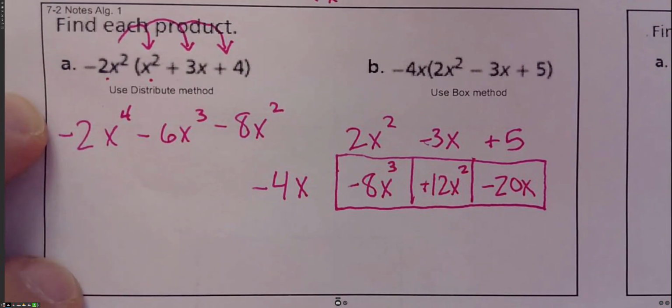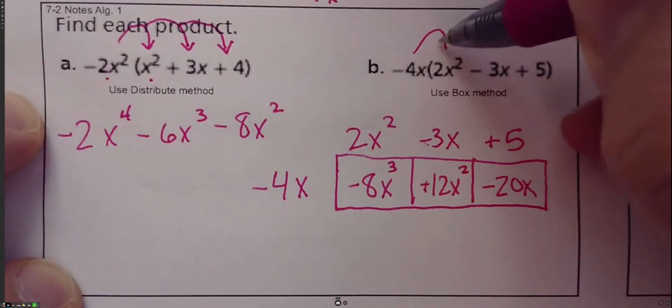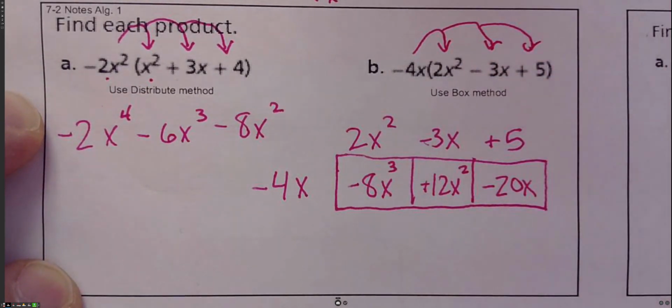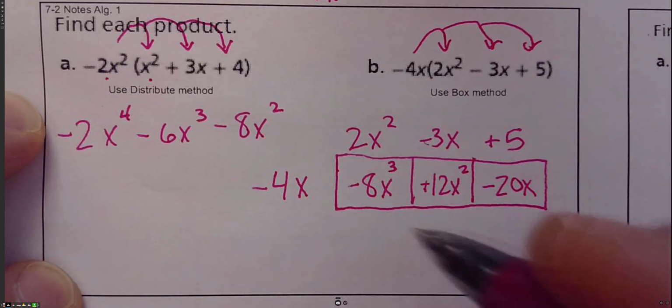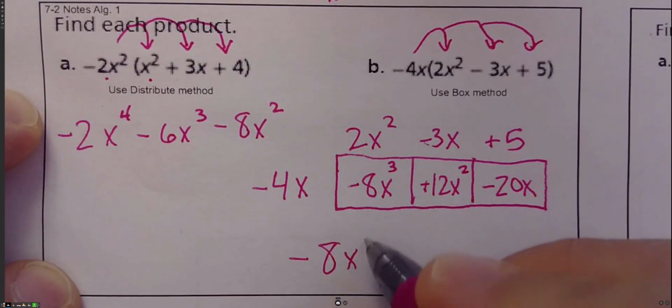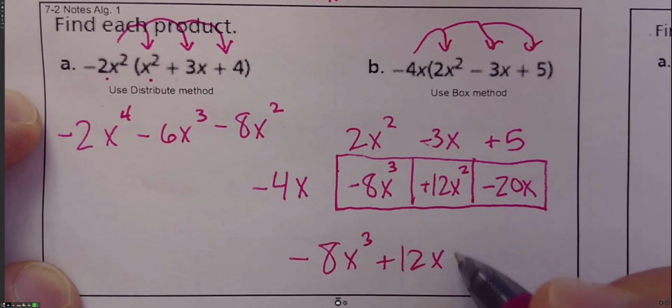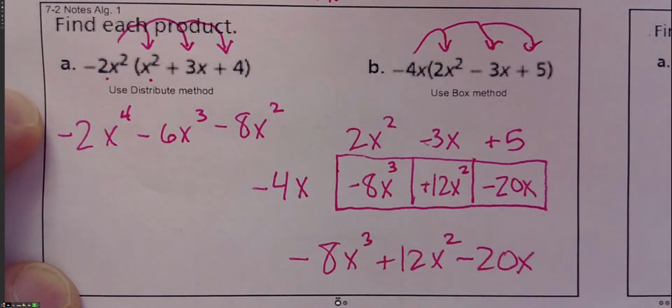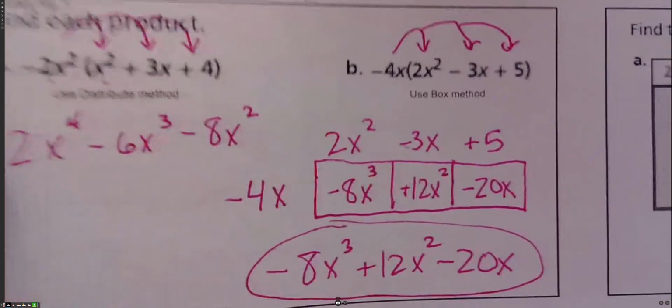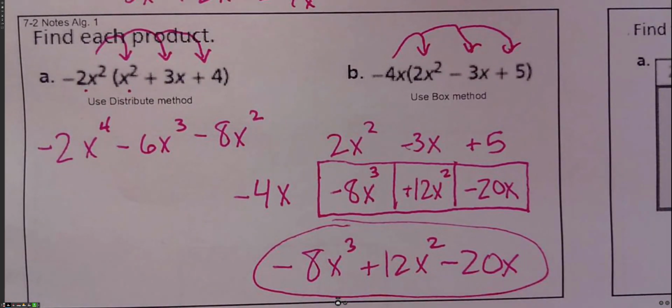You could do this exactly the same way with just doing the regular, not box method, but we need to learn the box method, and the box method is going to help you in the future. Negative 8x to the third plus 12x squared minus 20x. Yes. Trust me.